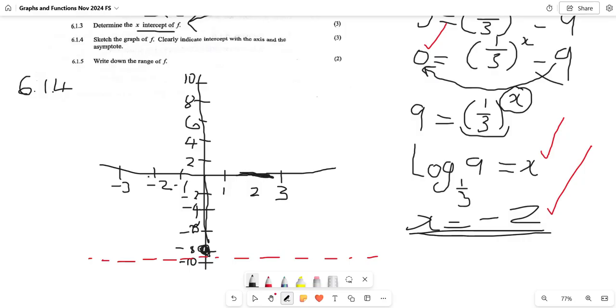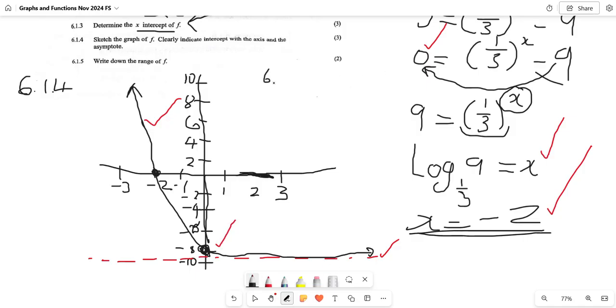We must have a decreasing exponential curve. That's what I wanted to check there. Then we must draw our decreasing exponential curve that passes through those 2 points. Then mark allocation there, 3 marks. 1 mark for the asymptote, 1 mark for the shape, and 1 mark for those 2 intercepts.